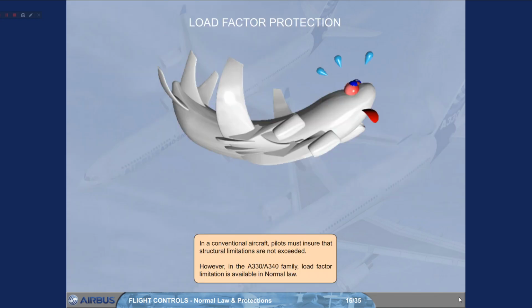In a conventional aircraft, pilots must ensure that structural limitations are not exceeded. However, in the A330 A340 family, load factor limitation is available in normal law.